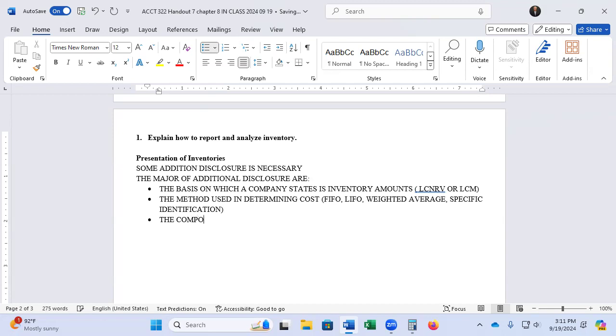The composition of inventory. So for example, a manufacturer would break it out to be raw material, work in progress, and finished goods.